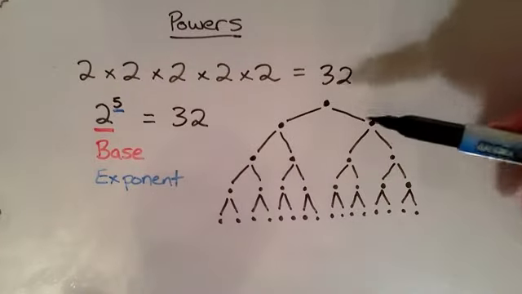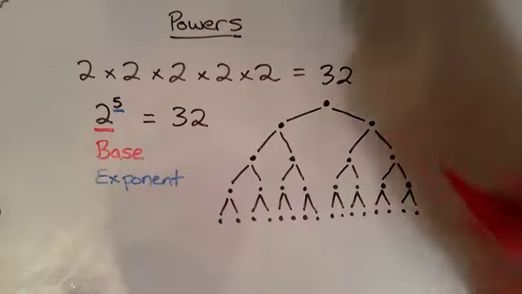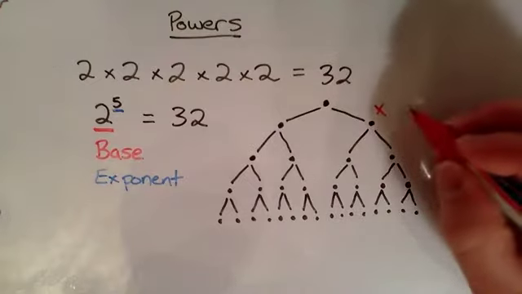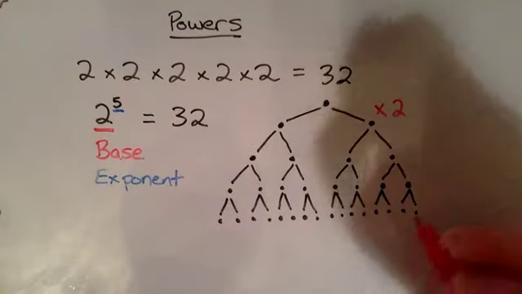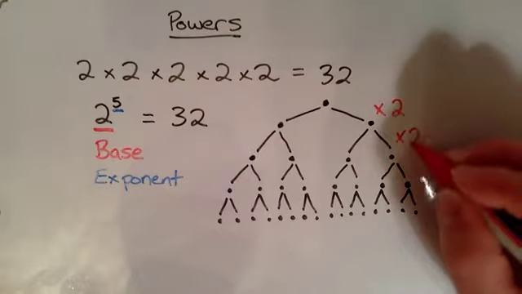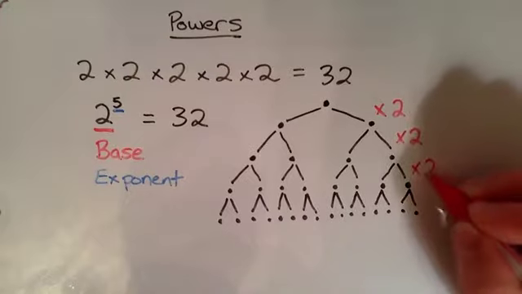So first of all, each time here we've taken the original amount and multiplied it by 2 because 2 is our base number. And on the second stage we did that again. And the third stage we did that again.